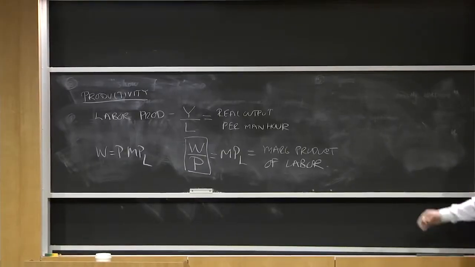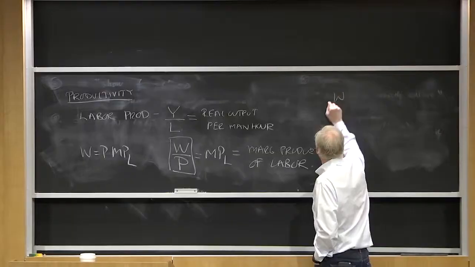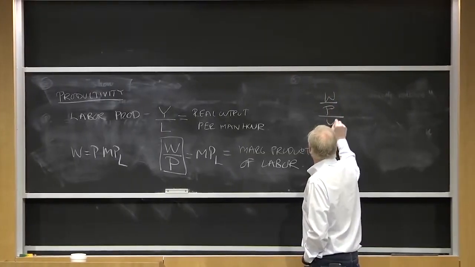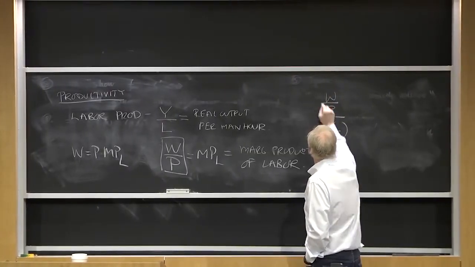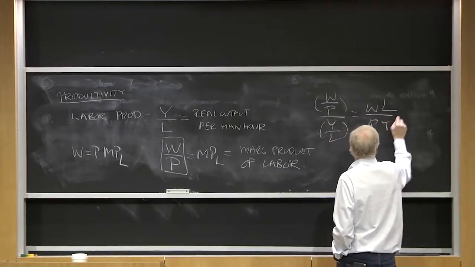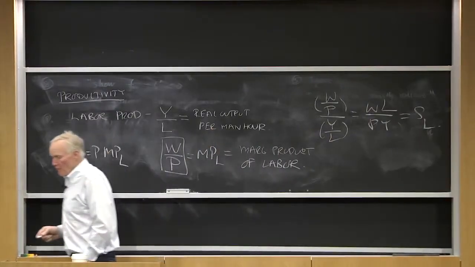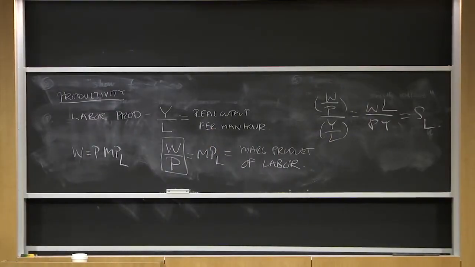Now, of course, the ratio of these two numbers, W over P divided by Y over L, is just equal to WL over PY, which equals the share of labor. So if you're in a world in which the share of labor is staying roughly constant, then these two measures of productivity are going to be growing at roughly the same rate, right?